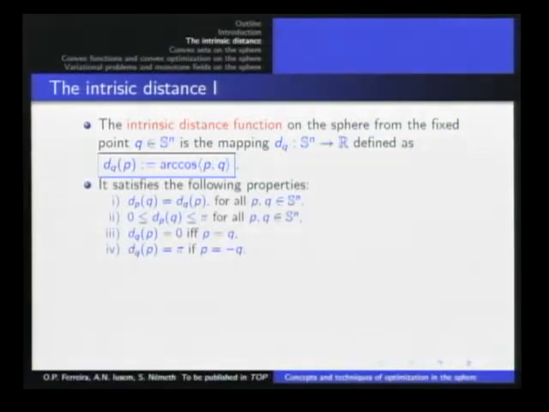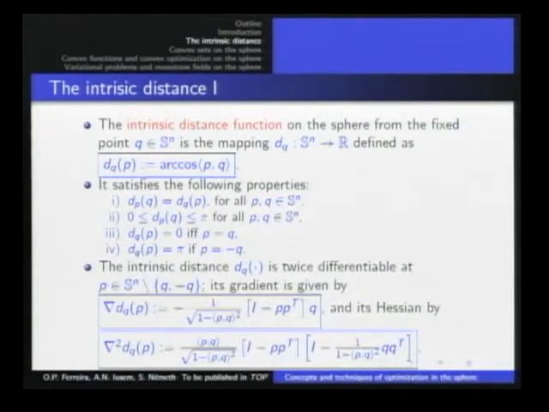And it satisfies all the nice properties that you expect. Of course, the distance goes into 0 and P. If the distance is 0, it's because P is Q. And if the distance is pi, so the angle is two right angles, then P is just the antipodal point of Q on the sphere.